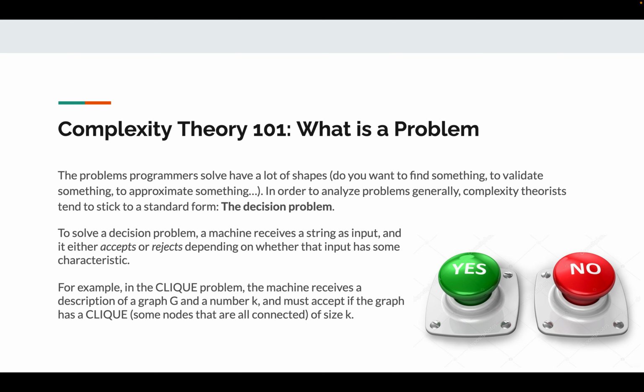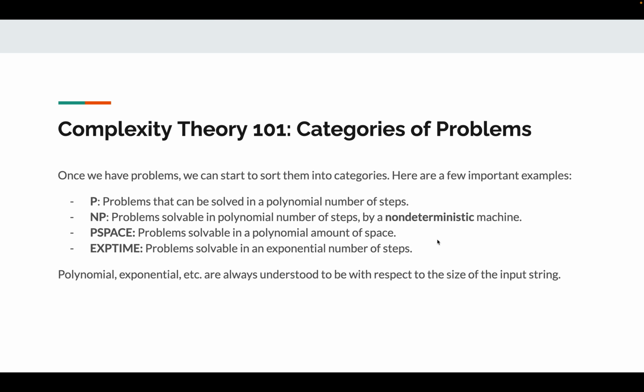These are like functions that return a Boolean in essence. It's going to take a string, as in general it's a string, and it's going to accept or reject based on whether this input has a certain characteristic. So you might look at the clique problem. We'll mention this later. The clique problem, which is a description of a graph and a number k, and the machine should accept if the graph has a clique of a certain size. So that's a classic example of a decision problem.